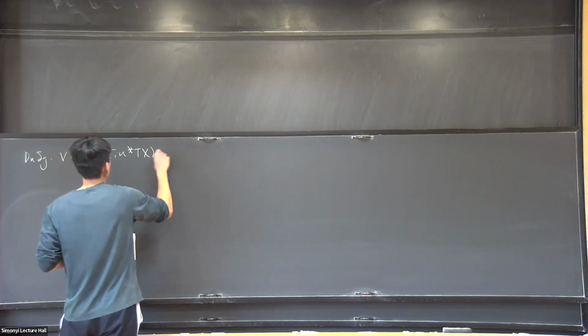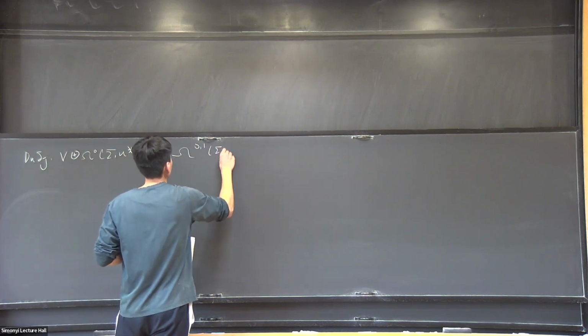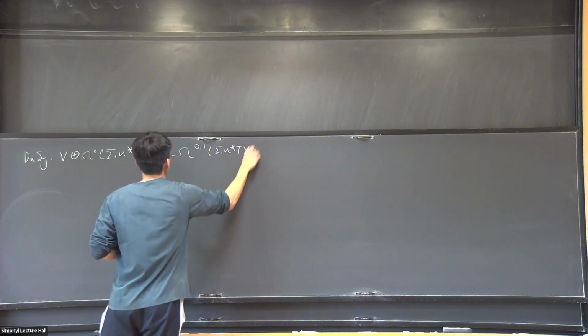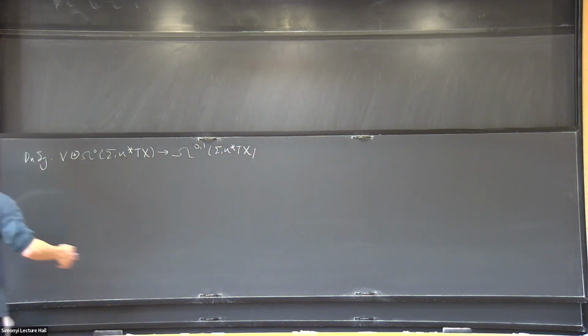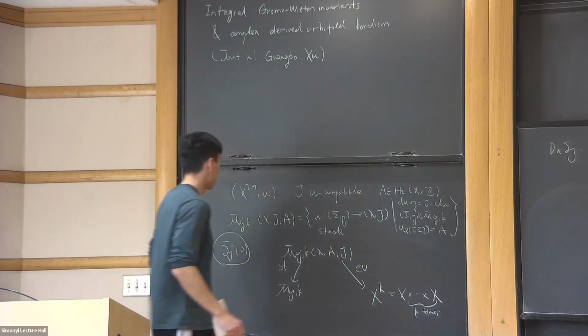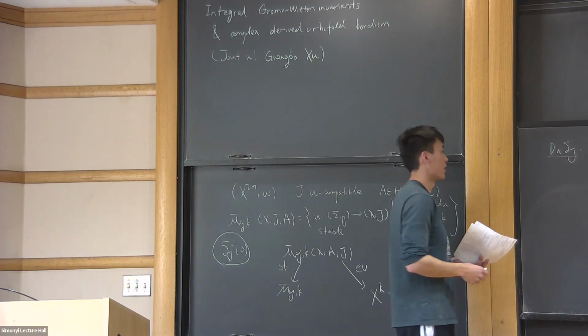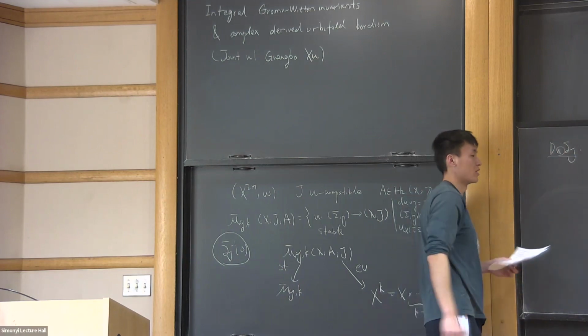Let me write it down. We understand this moduli space as the zero locus of some kind of Cauchy-Riemann differential operator, and this denotes the linearization of the operator at a point in the moduli space represented by u.